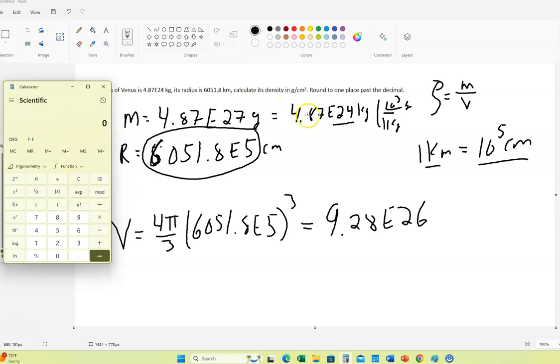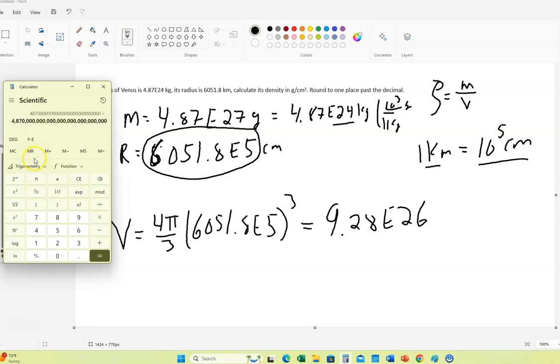Then we go back to our mass in grams. The mass in grams was 4.87 times 10 to the 27th, EXP 27. And remember, I just stored the volume in cubic centimeters.